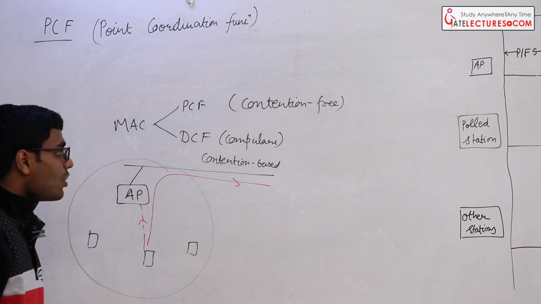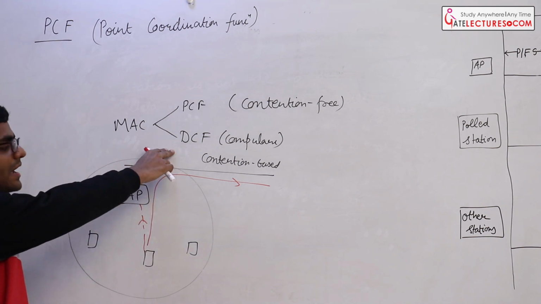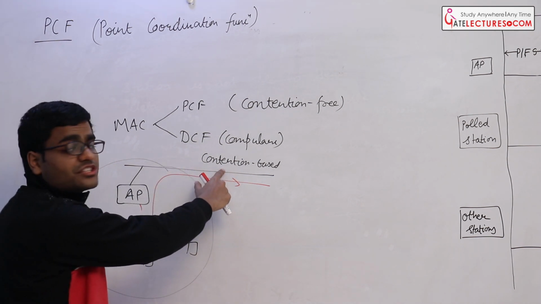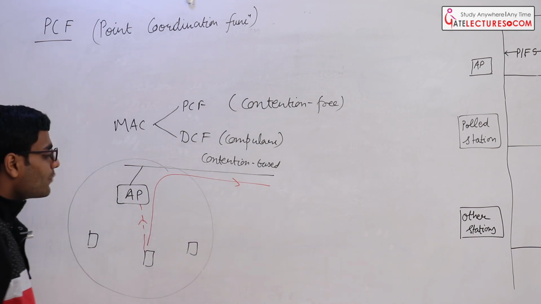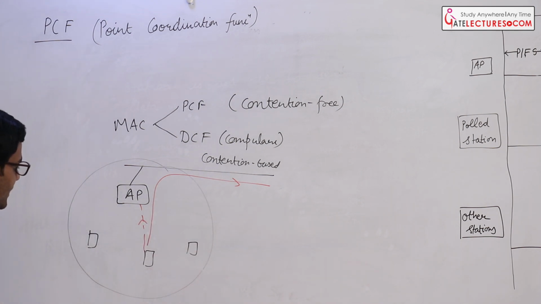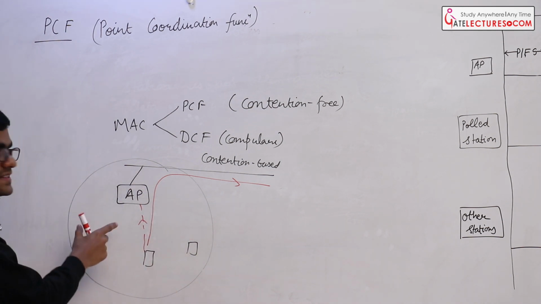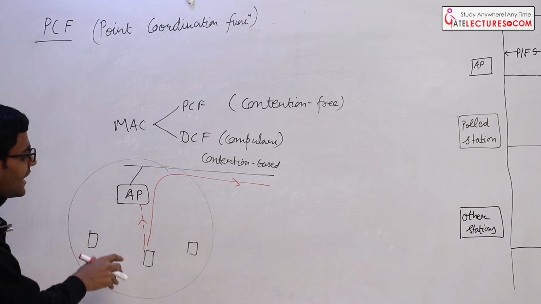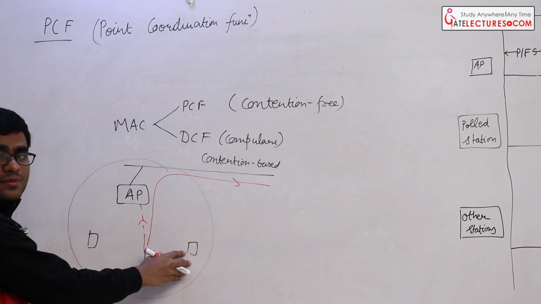Okay, until now we talked about the DCF sublayer of the MAC layer, which provides contention based services, and it is compulsory to provide. But there are some circumstances in which I want to give priority to some station to get access to the channel. Suppose I am running only the DCF protocol. So in that, all of these stations are running the CSMA/CA protocol.